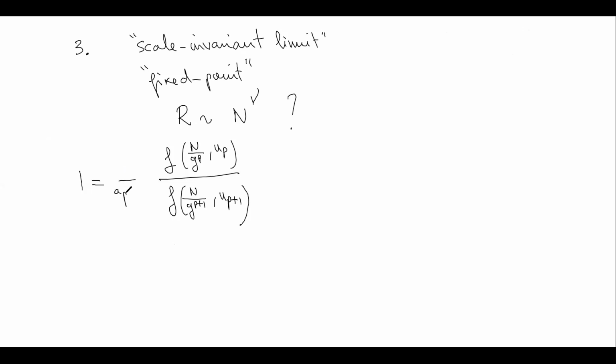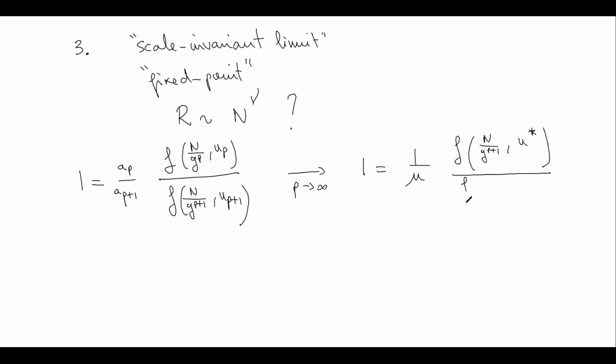So A_{P+1}. Now I'm at step P and there is no fixed point. And now I take the limit where P tends to infinity when I reach the fixed point. So in the fixed point limit, this becomes 1 is equal to 1 over mu times F in the large P limit, and then U star, because the coupling constant has saturated.